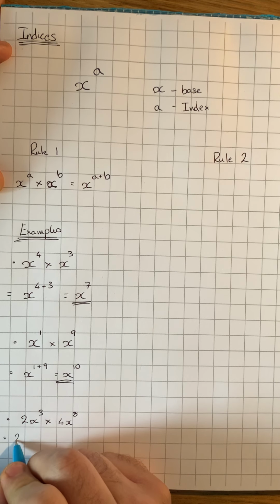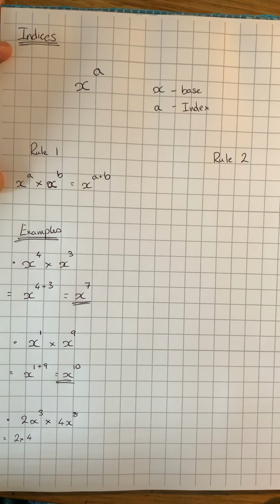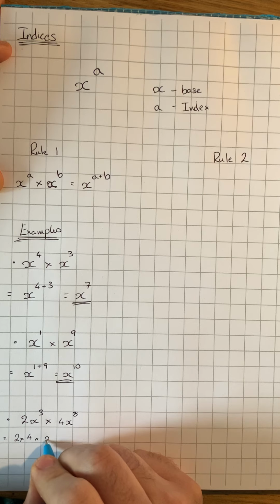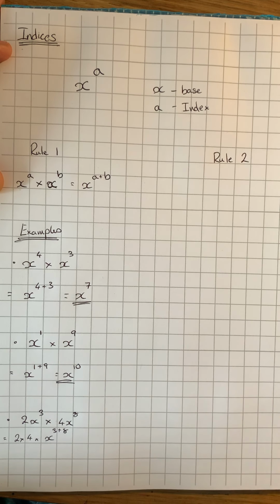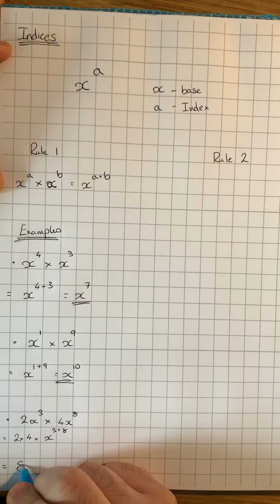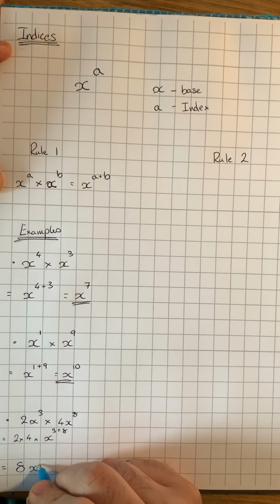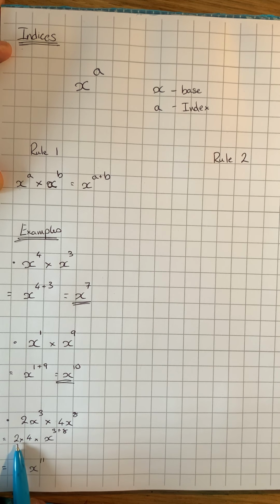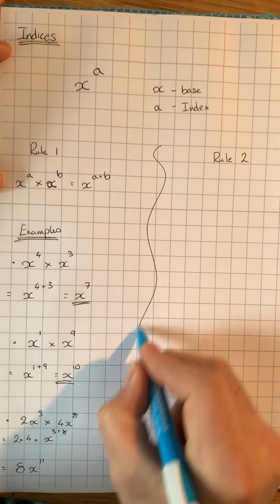So we'll be doing the 2 times the 4, as well as the 3 add the 8 for our index power. That's just going to give us 8x to the power of 11. So we've multiplied the 2 and the 4 together, and we've added our indexes together. So that's the first rule.